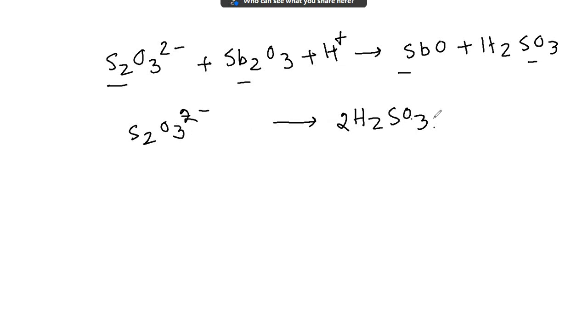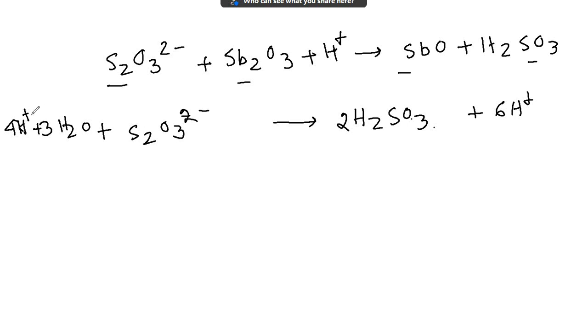For balancing excess 3 oxygen, I have to put 6H plus and 3H2O on the opposite side. Okay. Now there is 4 hydrogen excess. In order to balance that, I have to put 4H plus over here. Now we have 10 hydrogen, 6 oxygen, 2 sulfur. Atoms are balanced.